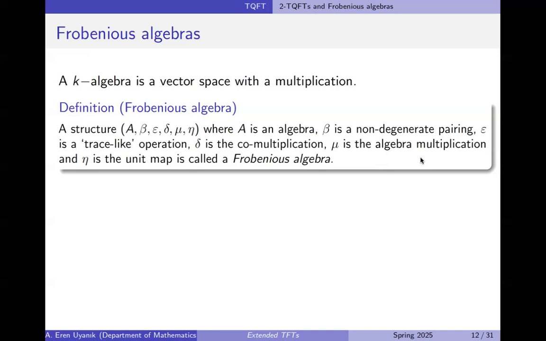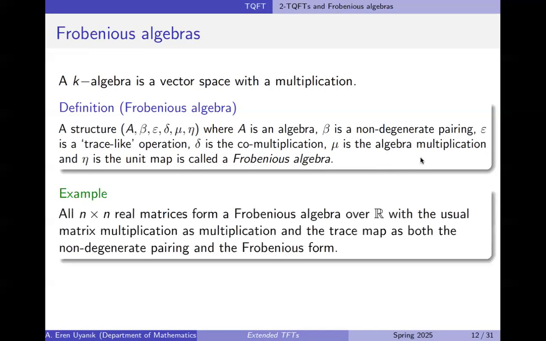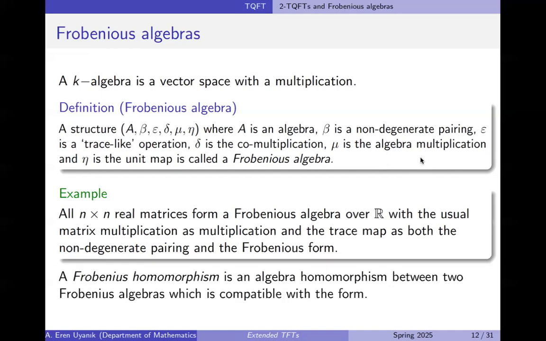This structure is called the Frobenius algebra. Just keep this in mind. The n by n real matrices form an algebra over R, where matrix multiplication is our algebra multiplication. And a Frobenius homomorphism is an algebra homomorphism compatible with the structure of these maps.